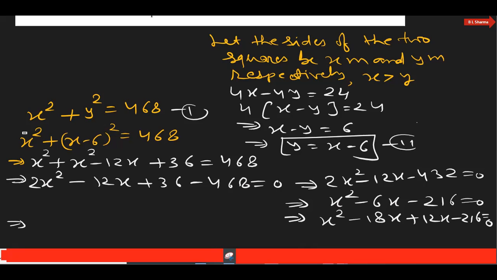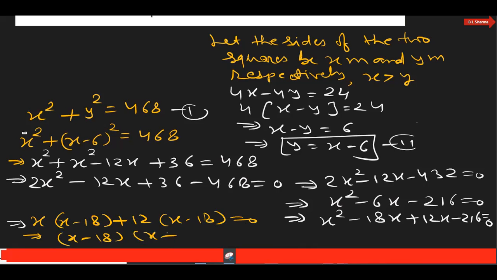On further simplification, x minus 18 plus 12, x minus 18 is equal to 0. So x minus 18 and x plus 12 is equal to 0.